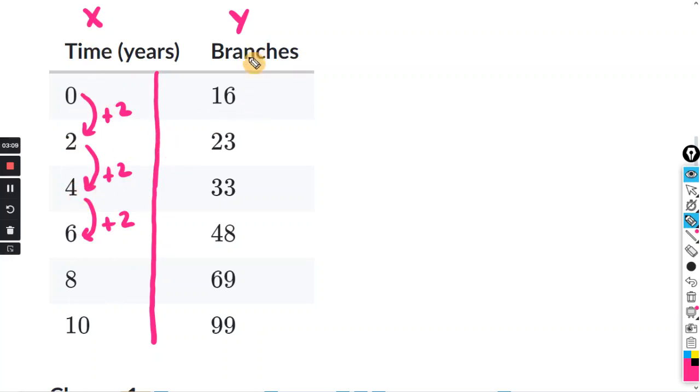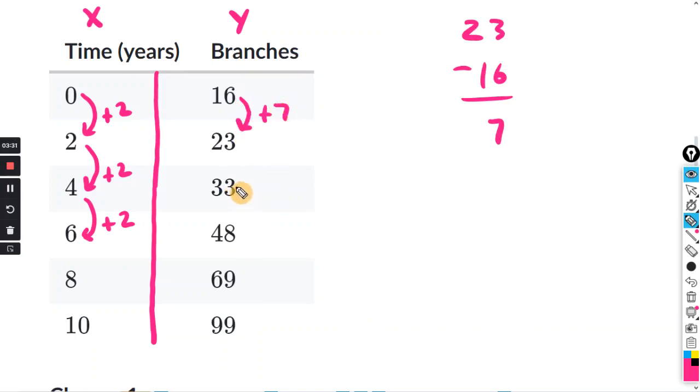But now for the y's, you want to check linear first. Okay, so you can subtract the previous number from the new number. Okay, so I'm going to do 23 minus 16. And that's going to be 7. Okay, so to go from 16 to 23, that's plus 7.